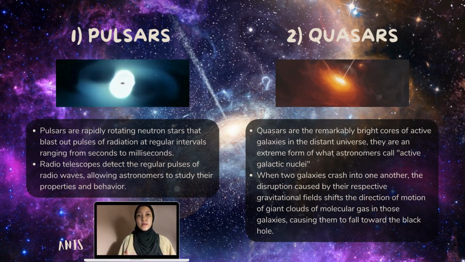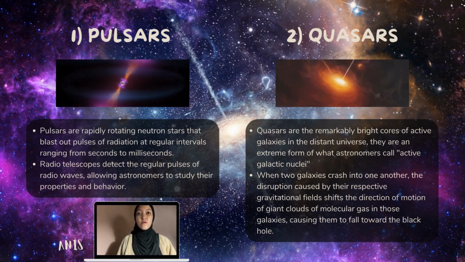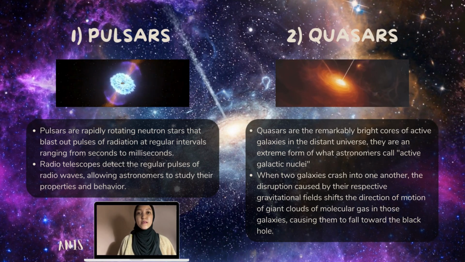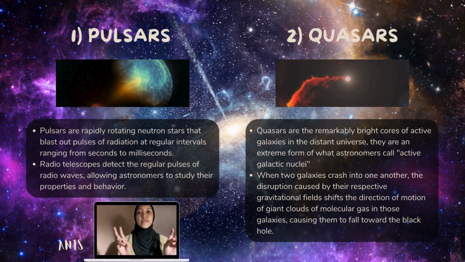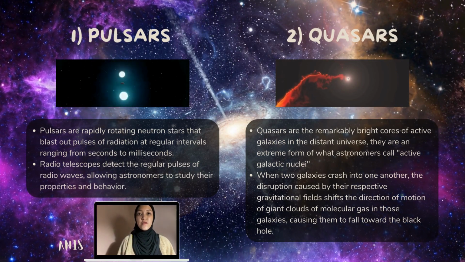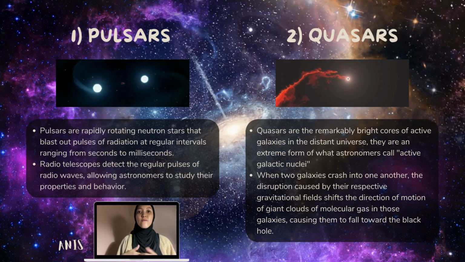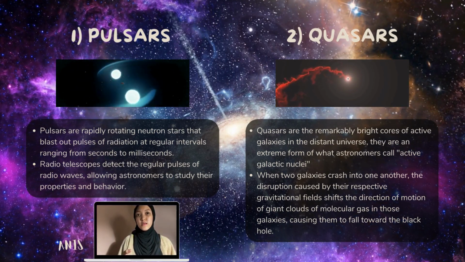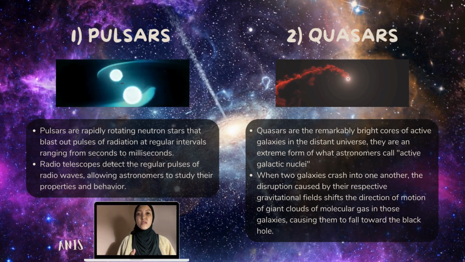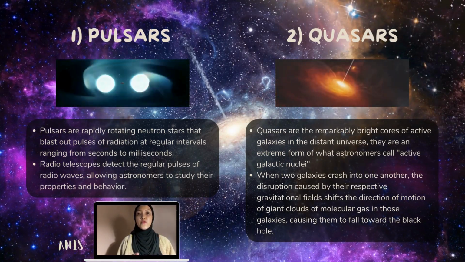Second is quasars. Quasars are the remarkably bright cores of active galaxies in the distant universe. They are an extreme form of what astronomers call active galactic nuclei, or AGN for short. What causes large amounts of matter to head toward a supermassive black hole and activate it as a quasar? One scenario is a galaxy merger, when two galaxies crash into one another.